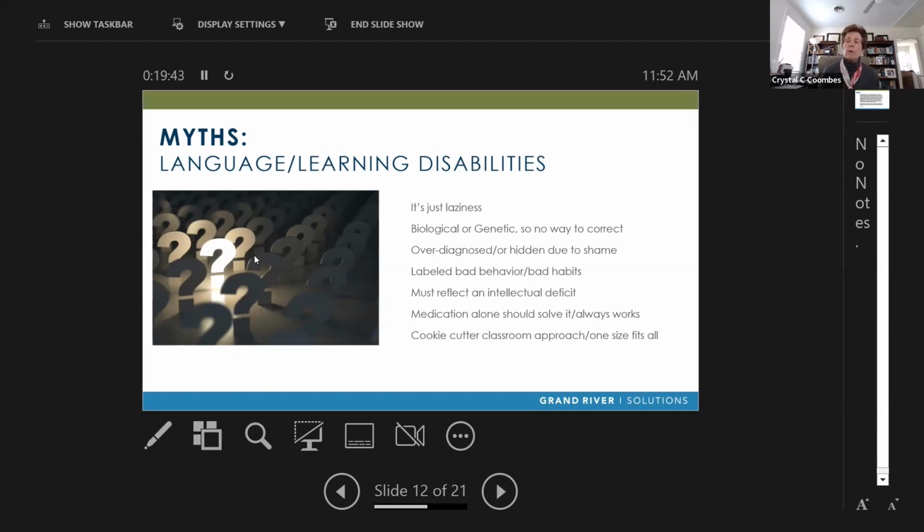Certainly a person who has cerebral palsy could have a language or learning disability, but intellect doesn't necessarily reflect in the learning disability, okay? Sometimes medication can help, but medication alone doesn't always work. And most people have to learn cognitive behavioral strategies to help themselves through these types of disabilities. And finally, the cookie cutter classroom approach, one size fits all. That's not true, especially if you have individuals with diverse learning disabilities or learning styles.